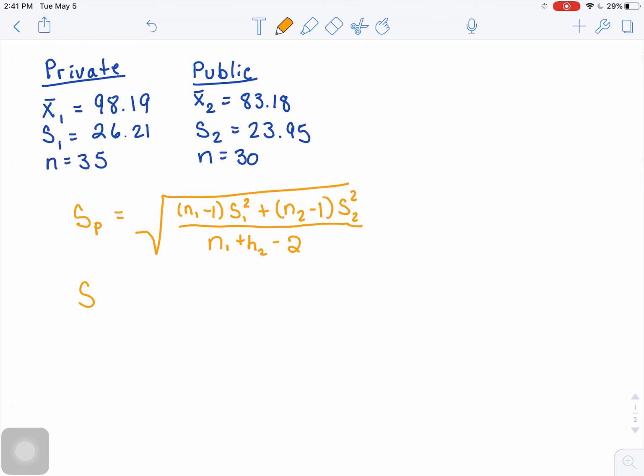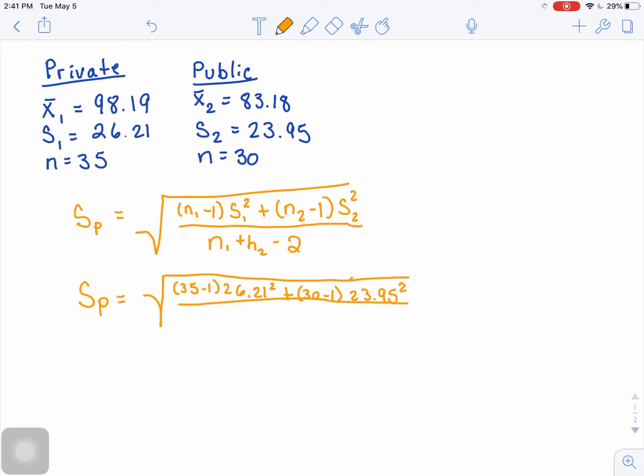Now it's just substituting those values in. Substituting, you get 35 minus 1 times 26.21 squared, plus 30 minus 1 times 23.95 squared.